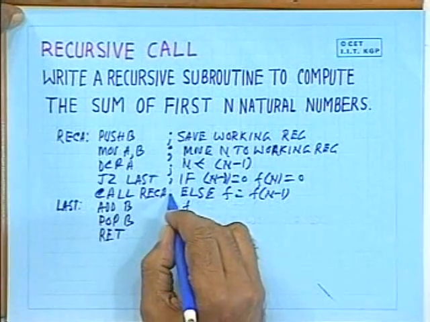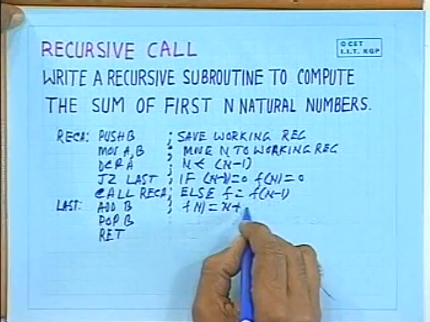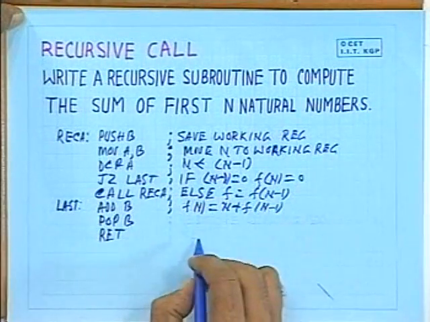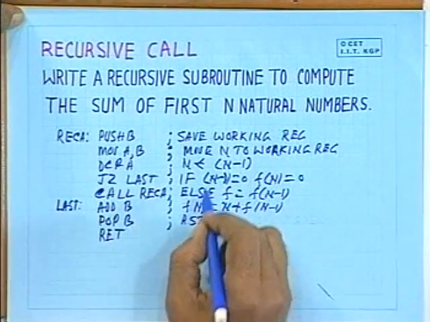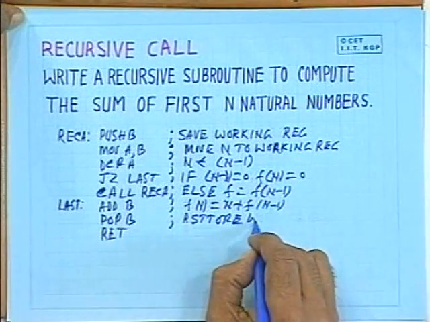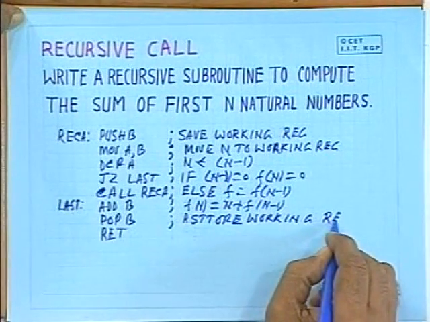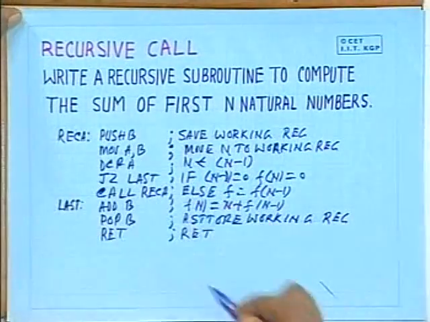Then here it does f n is equal to n plus f n minus 1. Then here it restores the working register, which was saved here, and here it returns. This is the program.